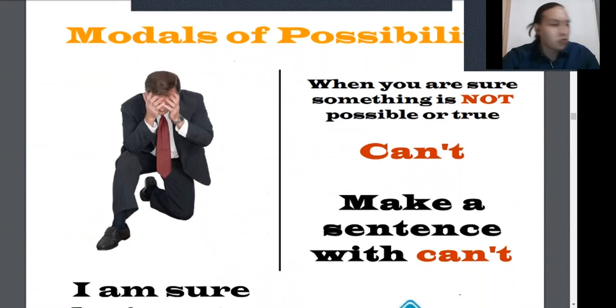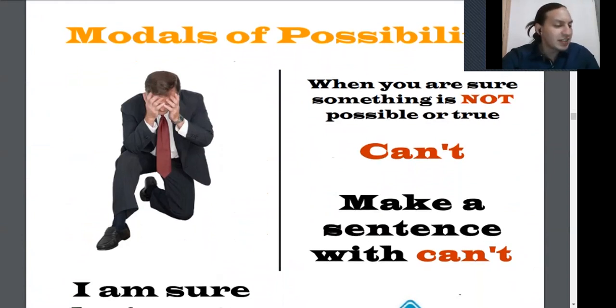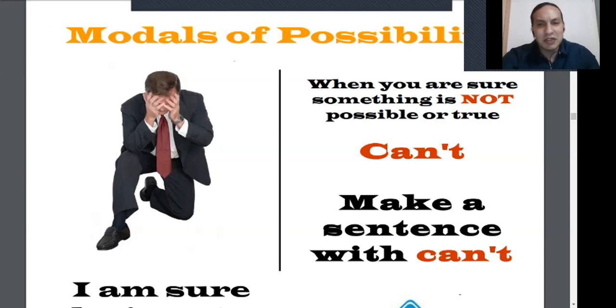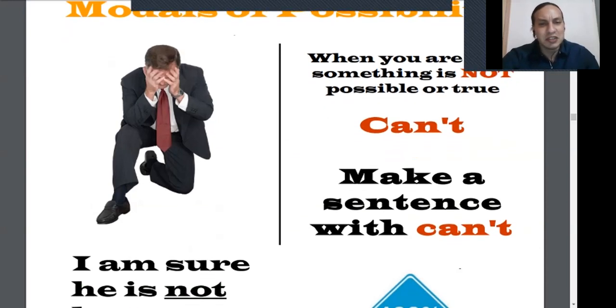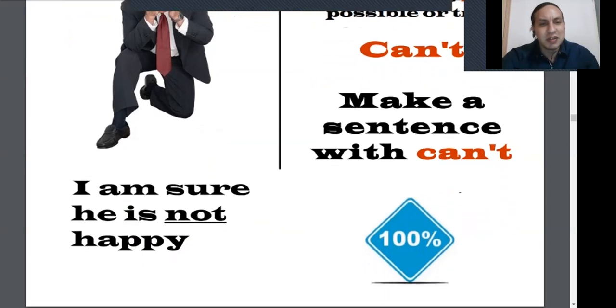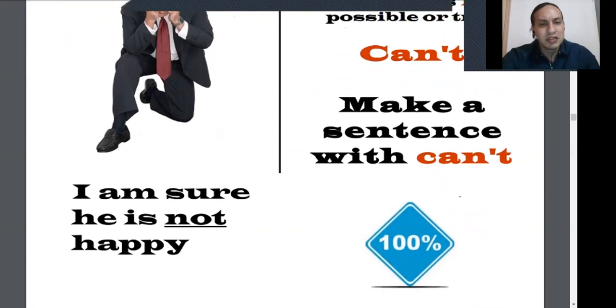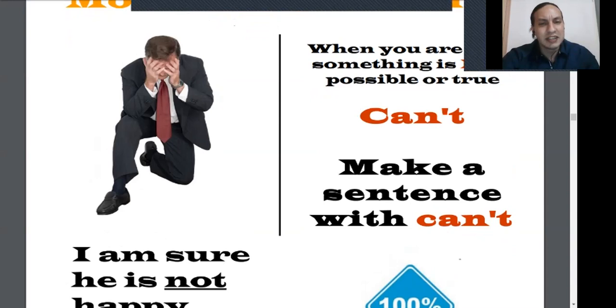So now we're moving on to can't, right? We went over a lot of must, may, might, could. And I don't think we've gone over can't too much. So let's see a little bit of this one. So I am sure he is not happy.